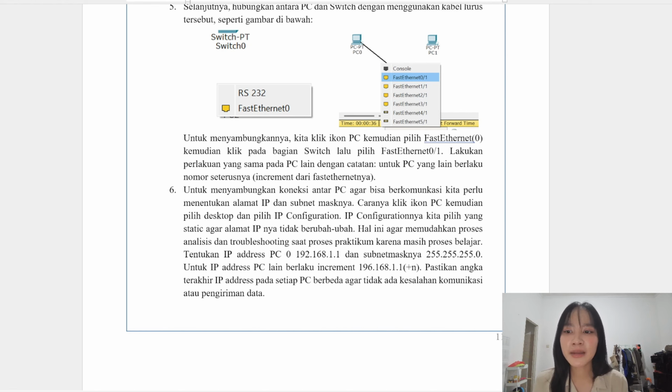So we have to set the IP address of PC0 to 192.168.1.1 and the subnet mask is automatically set. For the other PCs, please increment the IP address by 1 for each PC. Make sure the last number of the IP address on each PC is different so that there are no communication or data transmission errors.